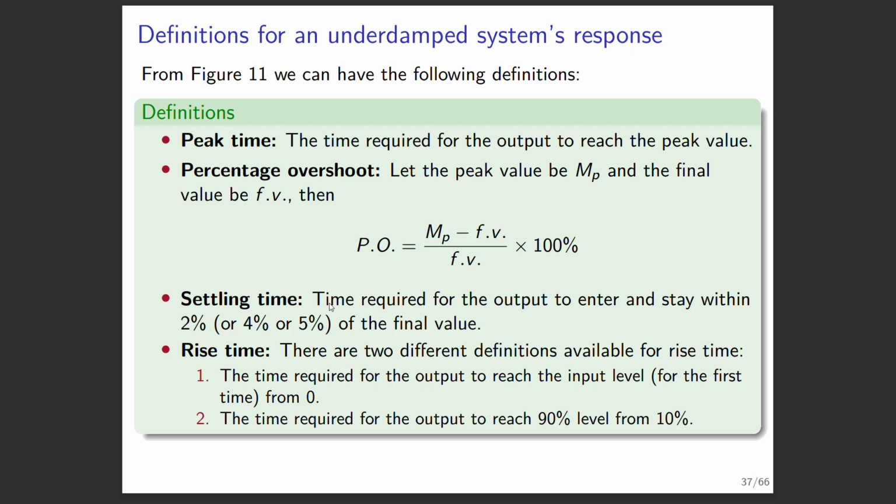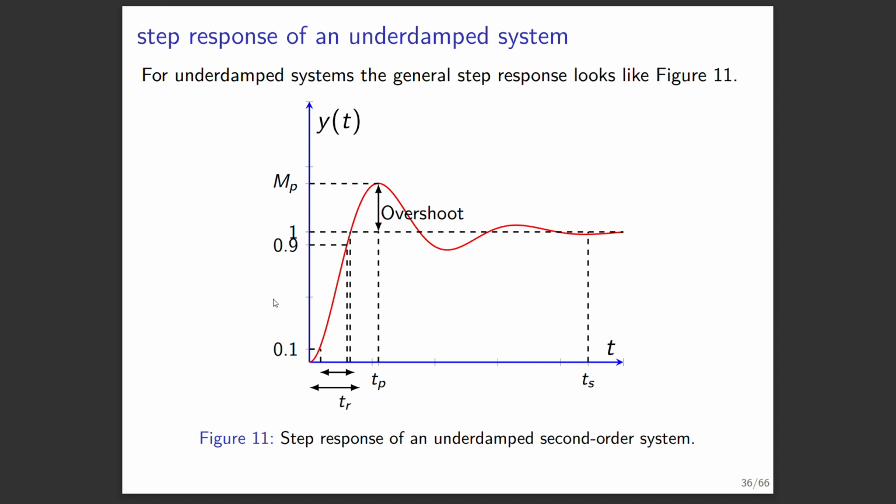Why don't I say time required for the output to reach 2% or 4% or 5% of the final value? Why do I say to enter and stay within? Because if I say the time required for the output to get to 2% of the final value, so this is the final value, right? When do I first reach 2% or 5% of the final value? Here.